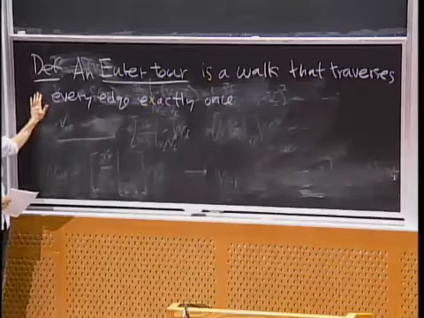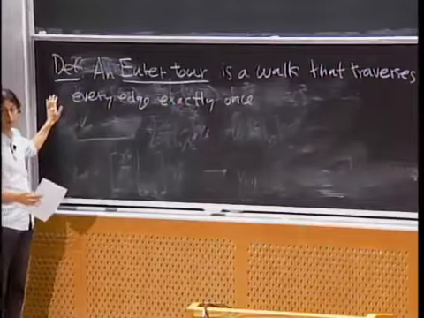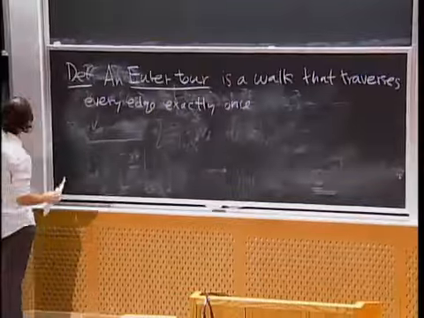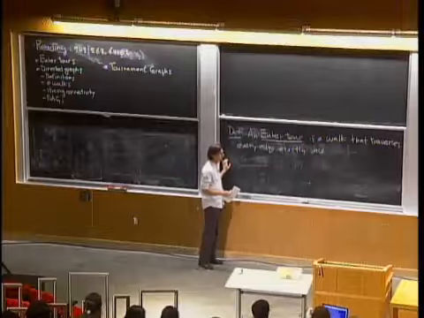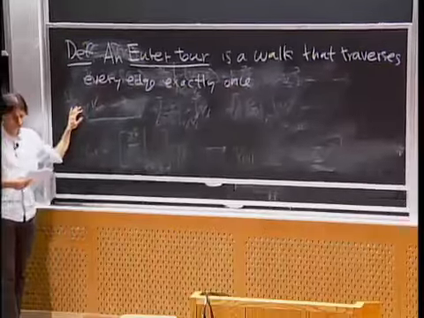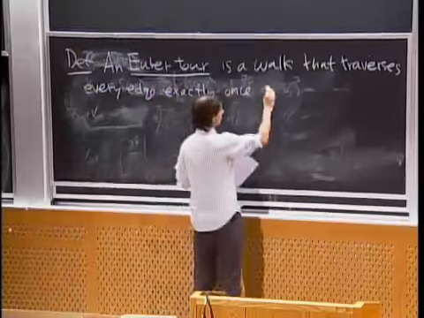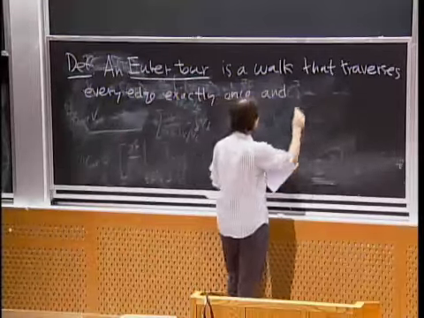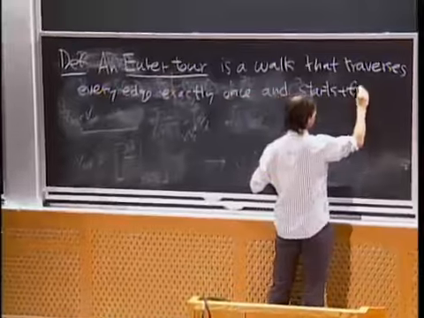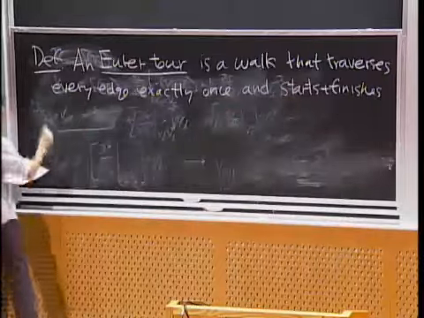We're talking here about undirected graphs, so a continuation of last time. So the edges that we consider have no direction. We will come back to that in a moment. We will start defining those later. So an Euler Tour is a walk that traverses every edge exactly once. And at the same time, it's also a tour. So that means that it actually starts and finishes at the same vertex.